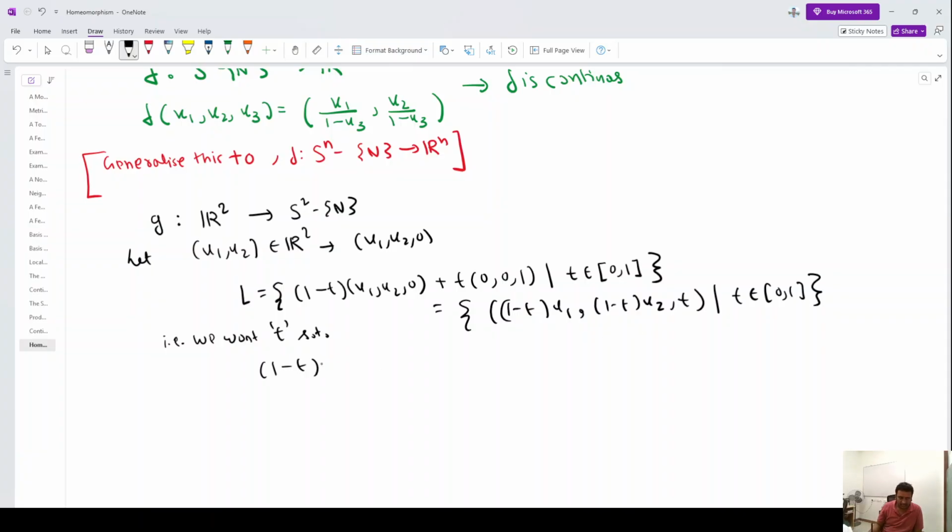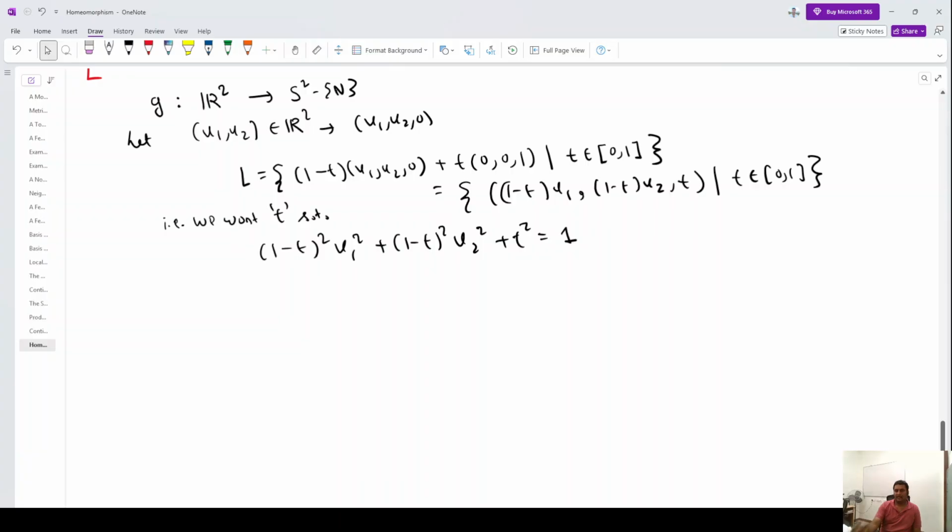So what you want is to square it, and then this sum should be 1. That's what you are interested in, and such a t you want to find. Let us find this t. There can be other simple ways or simple calculations, but this is one way to do that.